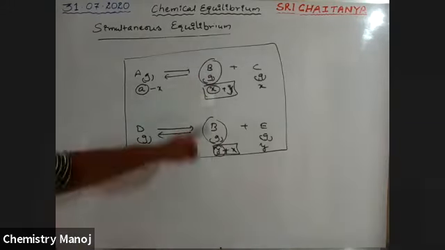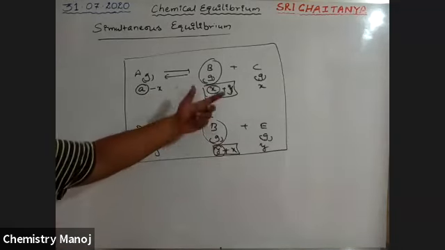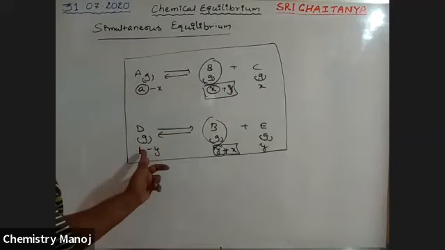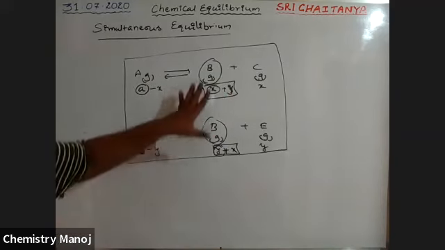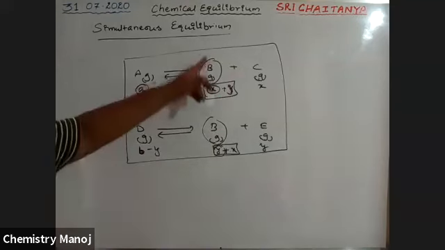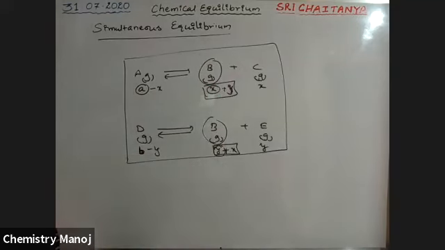Therefore, the total concentration of B is x plus y. So if there are common reactants or products, those common concentrations are used in the calculation of equilibrium constants.